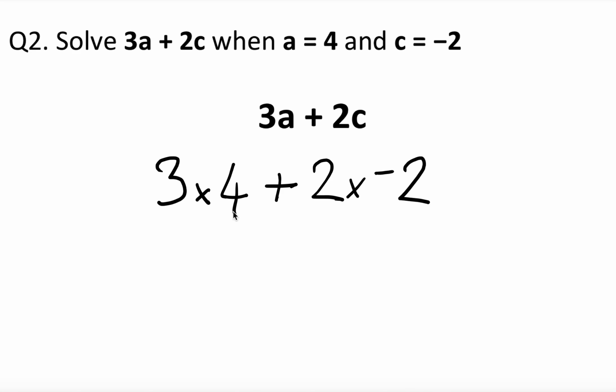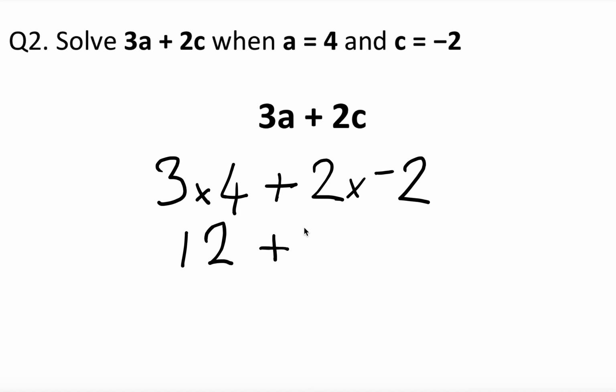Okay, so we've got two terms there. Let's do 3 times 4. What do you make 3 times 4? I think I'm going to go for 12. Plus 2 times minus 2. What happens when you times something by a minus number? If one's a positive and one's a minus, it becomes a minus. So 2 times 2 is minus 4.